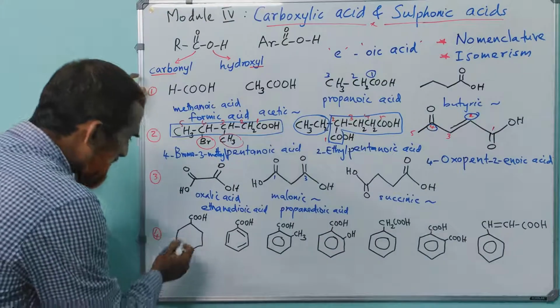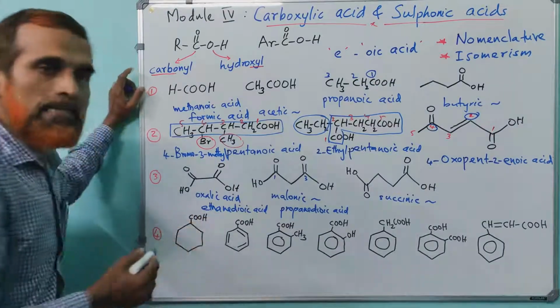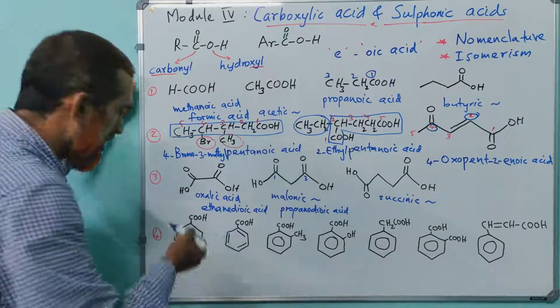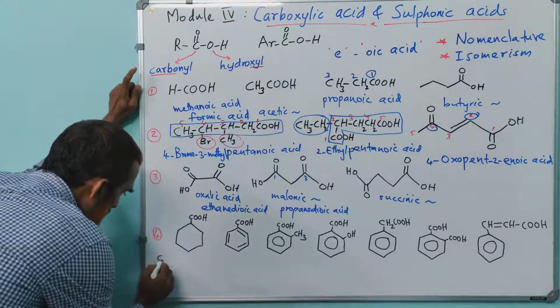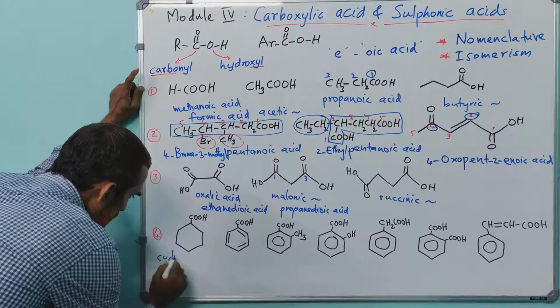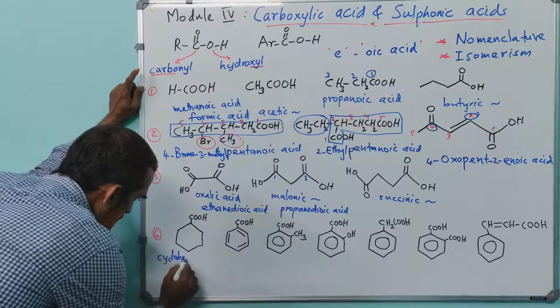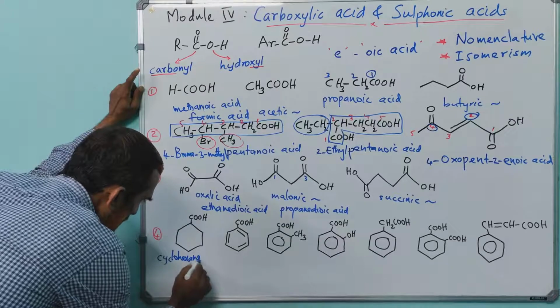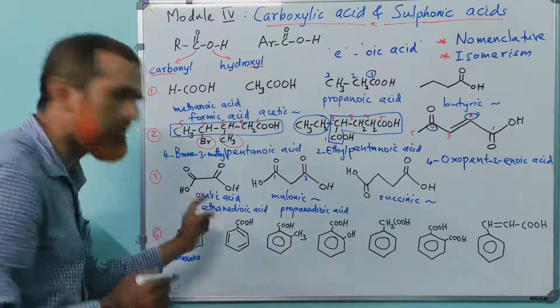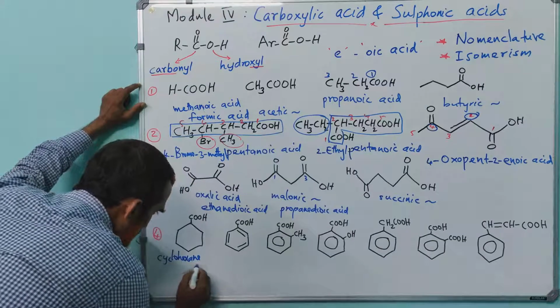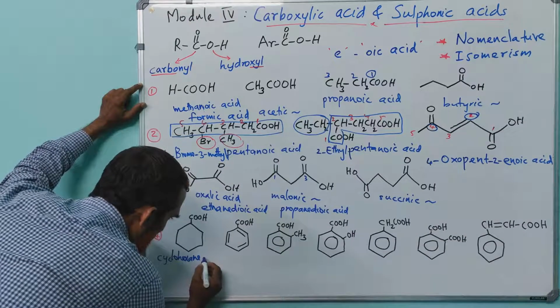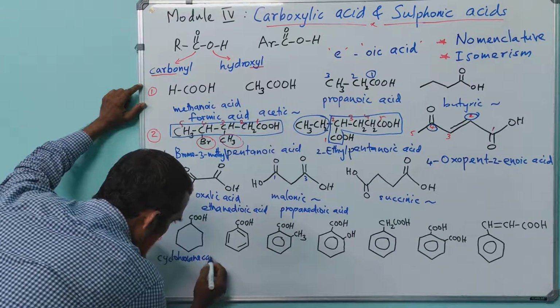So in the ring system, this carboxylic acid is to be suffixed separately, explicitly. So the name is cyclohexane, and this is named as carboxylic acid as such. So cyclohexanecarboxylic acid, that's the name.